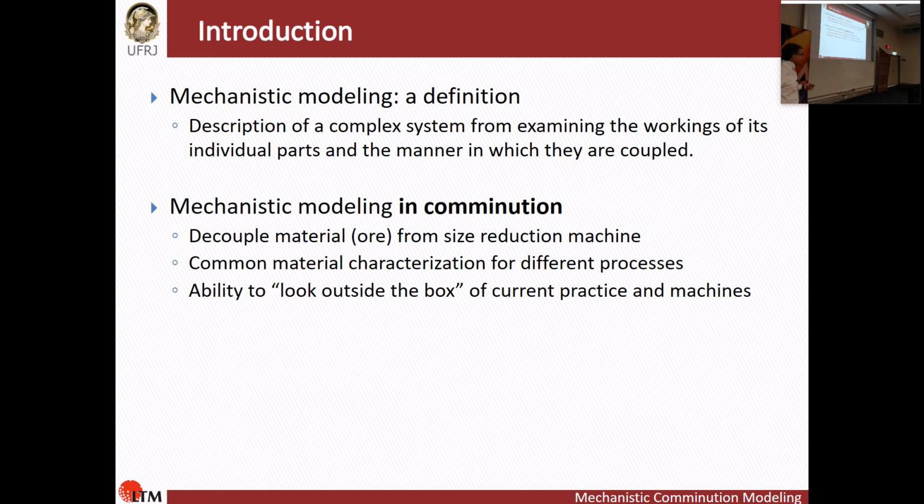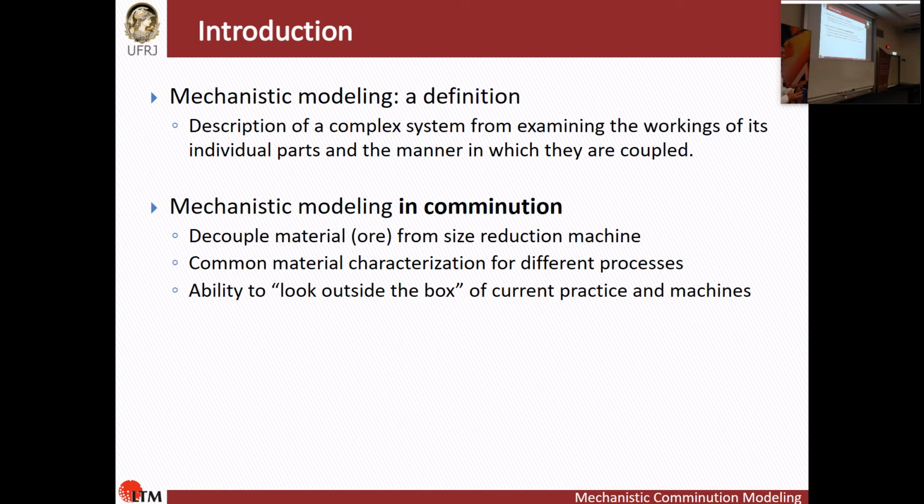And what do we want when we actually apply this approach to comminution? We want to be able to do exactly this decoupling, which is to decouple the material, which is the ore, which has all its complexities, certainly as far as breakage is concerned, but also the complexities of the size reduction machine.